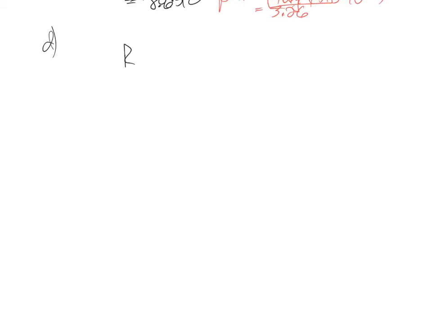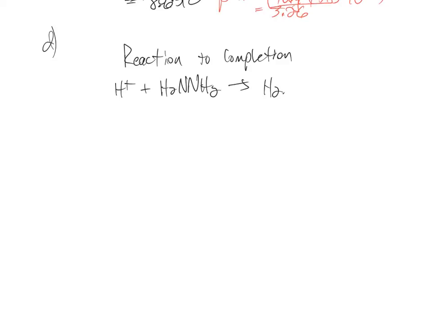Part D, we have added 40 milliliters of the strong acid. Same setup as before. The proton tacks on to the weak base to give us H2NNH3.